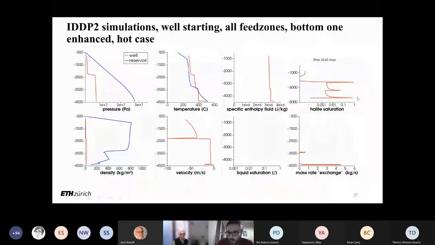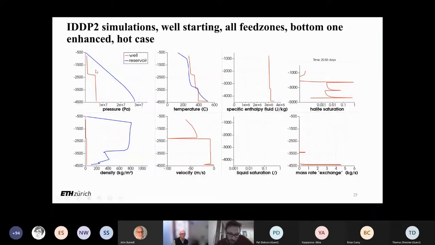So what's happening now, after about 3 weeks, is that, I mean, this is a particular configuration, I don't remember exactly the permeabilities, but this is just to illustrate that once you allow much more flow from the very bottom, the whole well becomes warmer, and you start to have vapor plus halite.